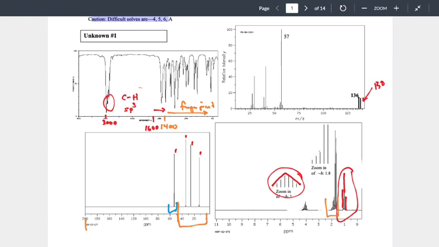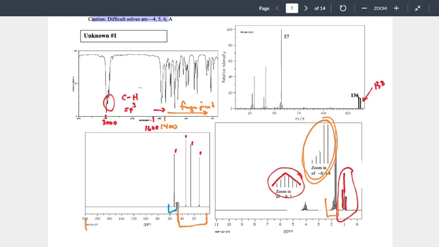Does that look like any one of those splitting patterns? No. What does it potentially look like? What's that? So what we're talking about is right there. That doesn't look like the splitting patterns that we're supposed to be seeing.